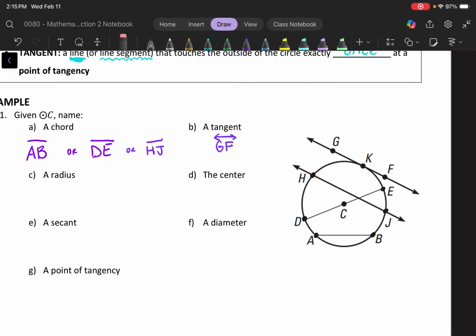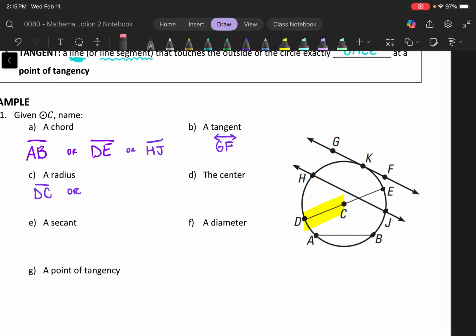Okay, next we have the radius. Now the radius was a line segment that connected the edge of the circle to the center. So it could be this guy. Connects the edge of the circle D to the center C. But I also have another option.